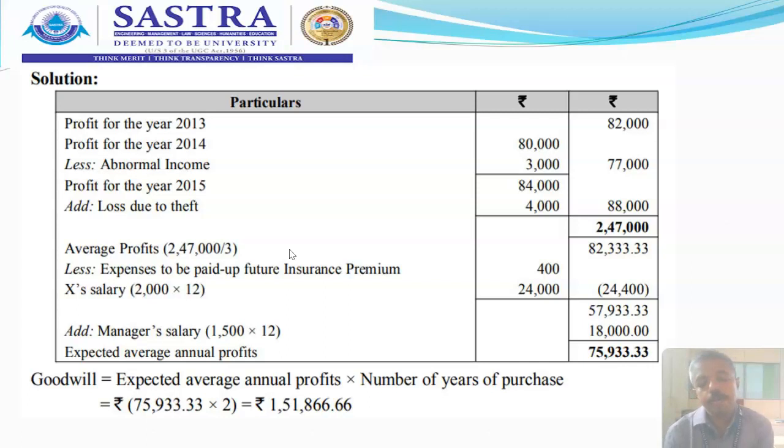And now the goodwill can be calculated by multiplying the expected average annual profit which we have arrived at with the number of years of purchase. If you multiply that, I will get the actual value of goodwill, that is going to be rupees 1,51,877.